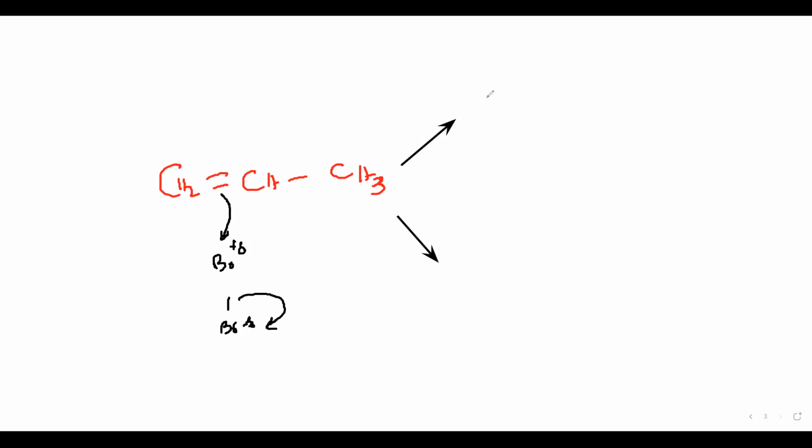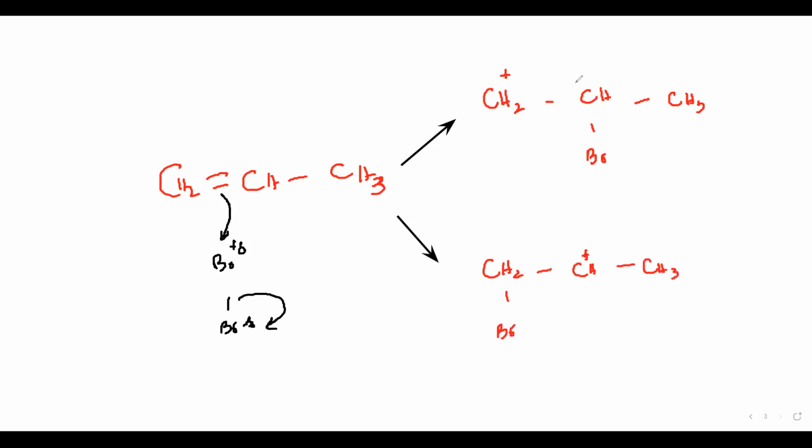So if it is CH2 Br, CH positive and CH3. And what is the second possibility? CH2 Br with the central carbon completely positive, and then CH3.